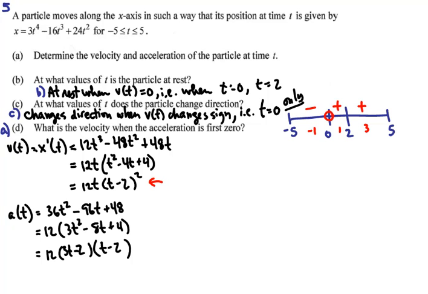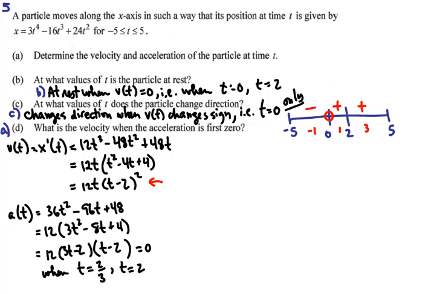The final one: what is the velocity when acceleration is first 0? My acceleration is all factored out, and the values of t that make acceleration equal to 0 are t equals 2/3 and t equals 2.